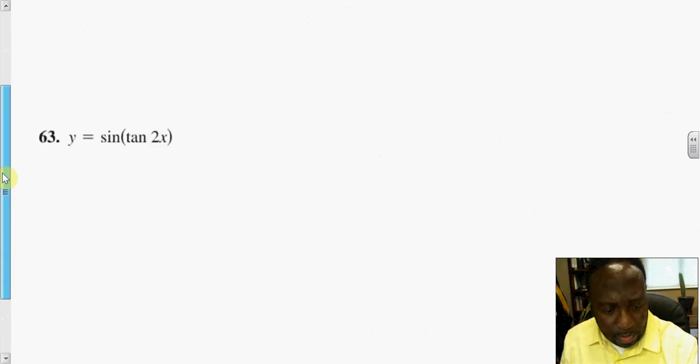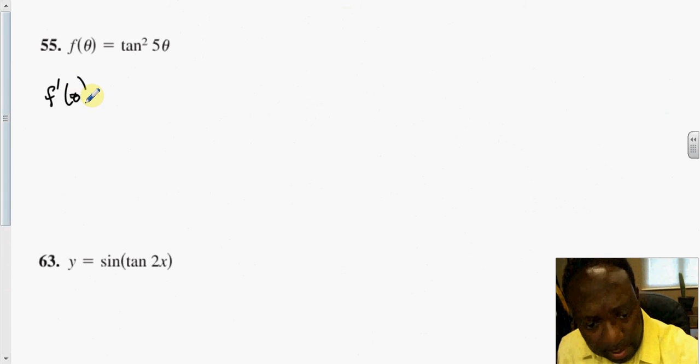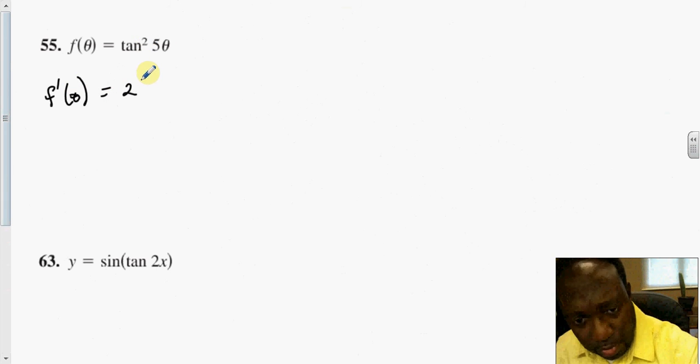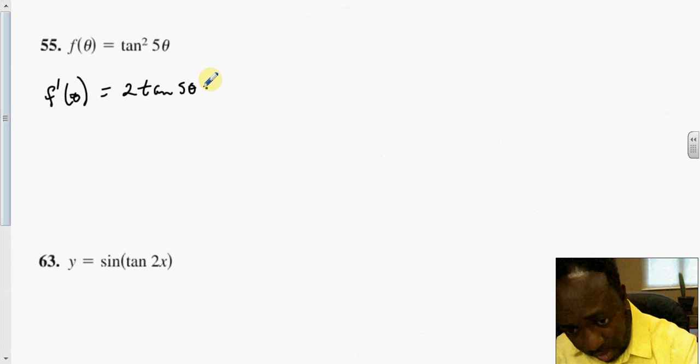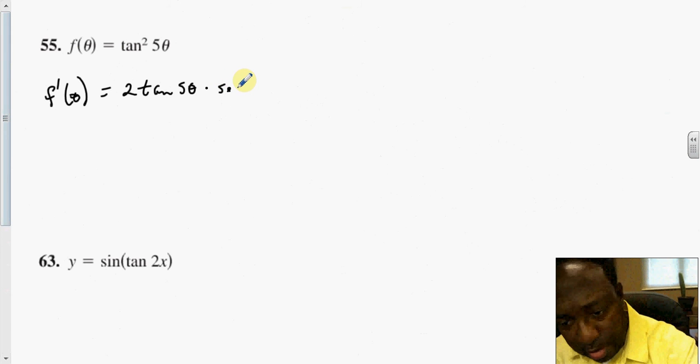Well, there's 2 or 3 more problems. We have this function. We find f prime of theta. So this becomes, think about it, this is 2 times tan of 5 theta, times the derivative of tangent 5 theta, which is secant squared 5 theta, times the derivative of 5 theta, which is 5.